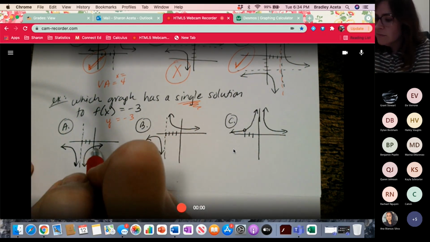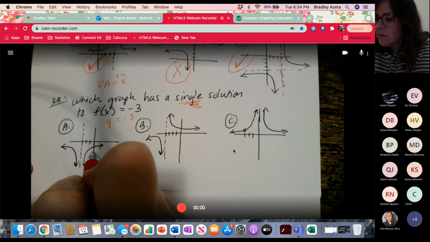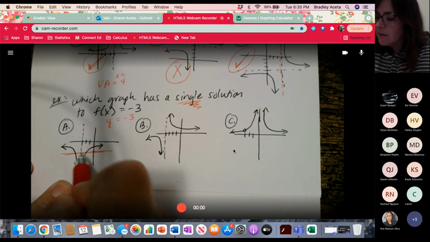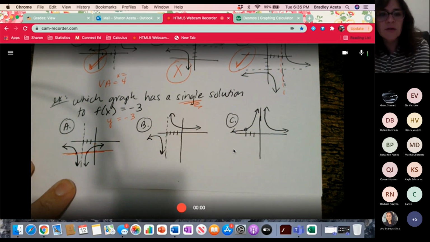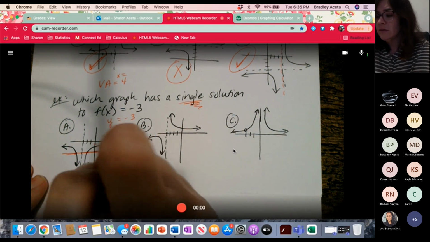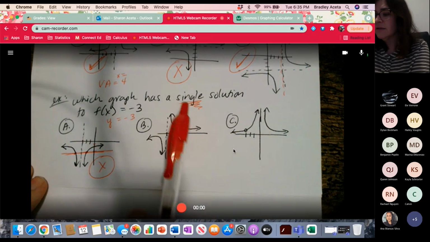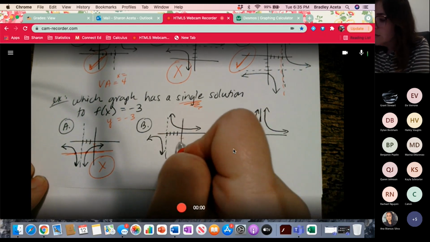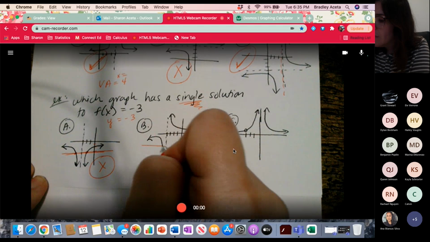So I go to graph this one. Let's say 1, 2, 3 is here, and I make my horizontal line. I have two x values at y equals -3. I have two solutions. So this one is not a single solution. 1, 2, 3.